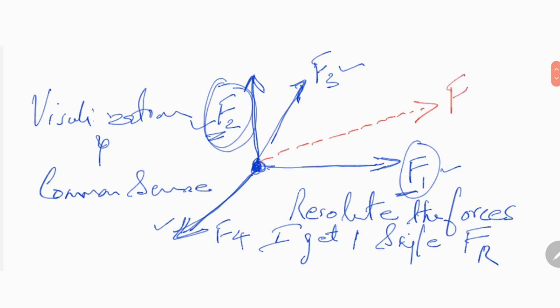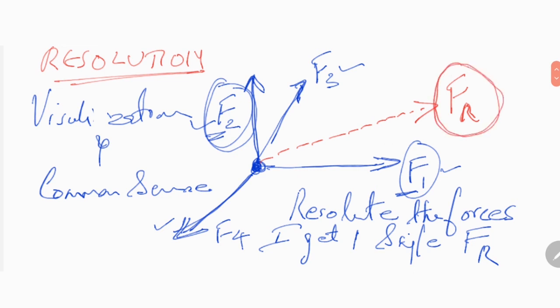We'll call it Fr. Now this is the whole philosophy of resolution of forces. The whole idea of resolution is taking several forces and converting them into one resultant force.